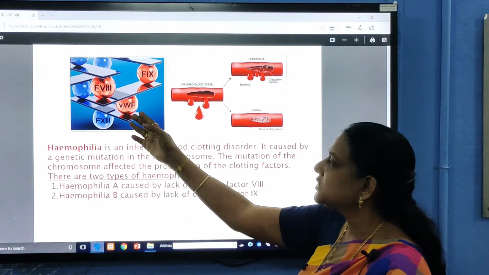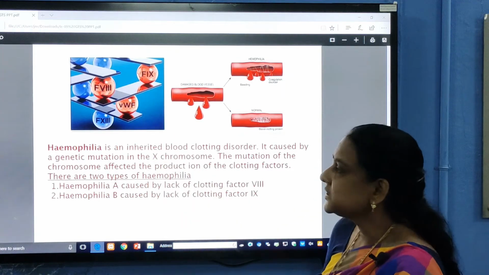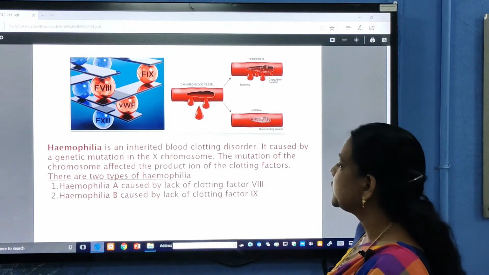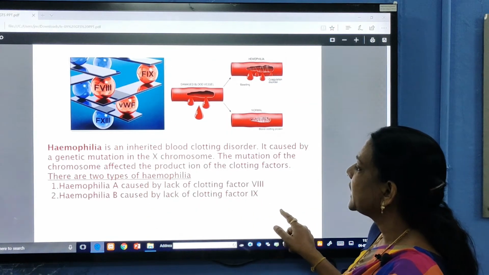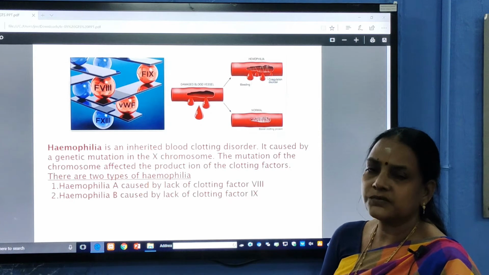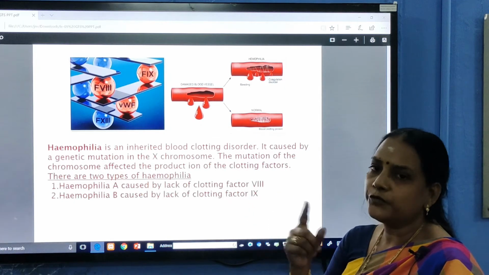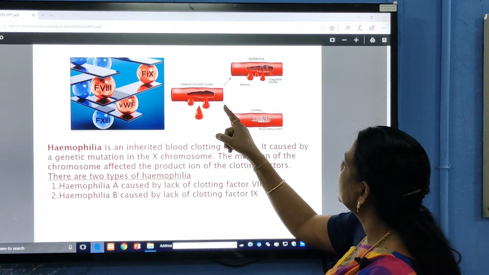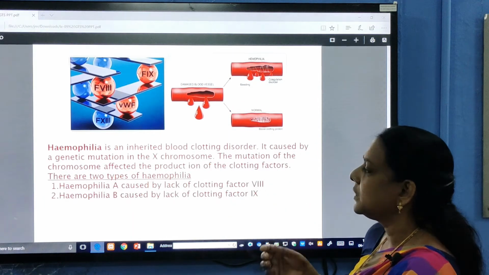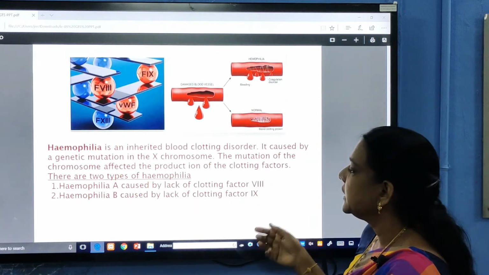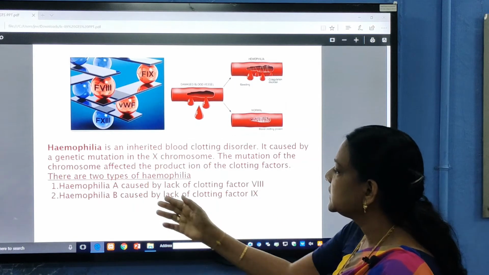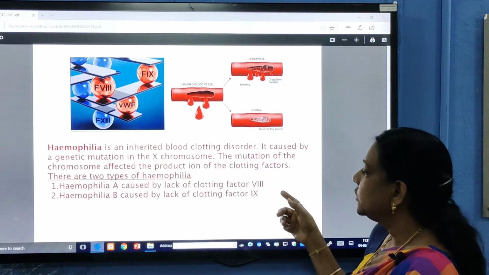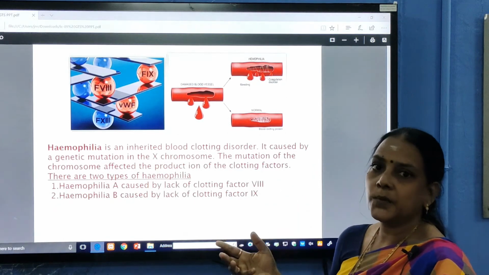The correction has to be done with factor 8, which is responsible for that. We call it a zigzag inheritance, which is passed from male to male through female, isn't it? Here you can see thrombin, the factor which is necessary for clotting, which is delayed here. There are two types of hemophilia, A and B, whereas A is very, very dangerous. Okay, so that can be cured with the help of gene therapy.